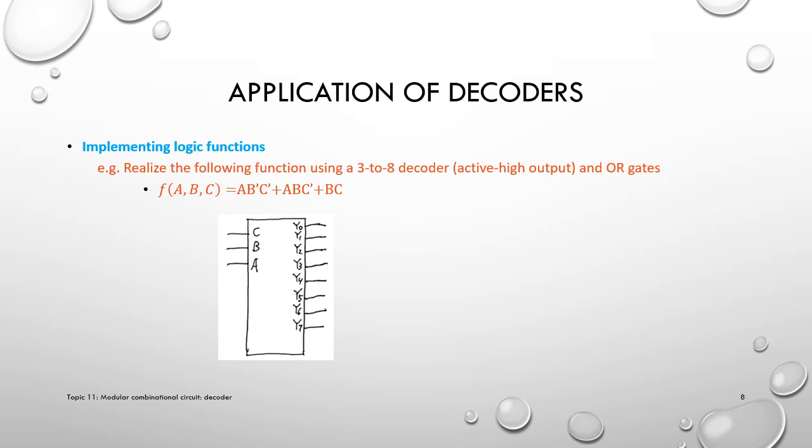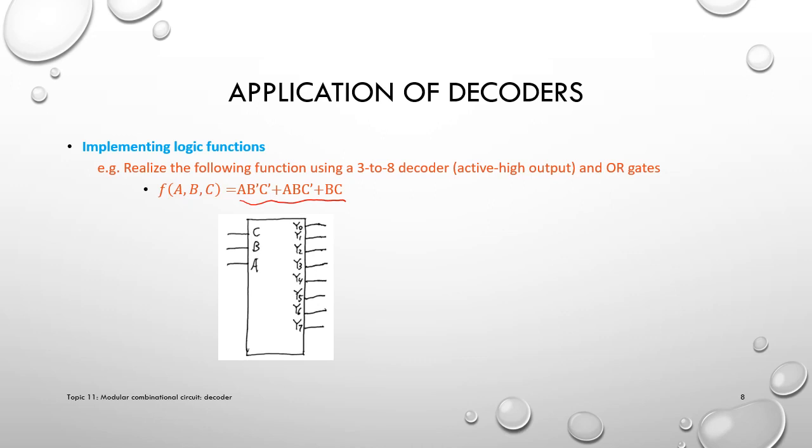Applications. The first application where we use a decoder is to implement logic functions. For example, say we wanted to realize a Boolean function equal to this. What can we do?